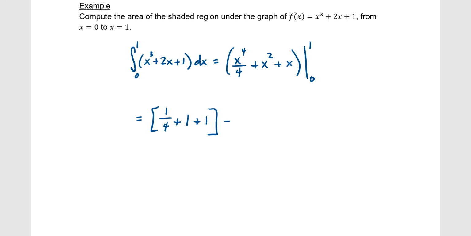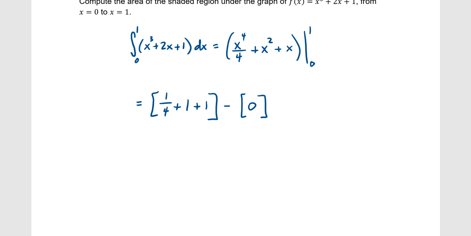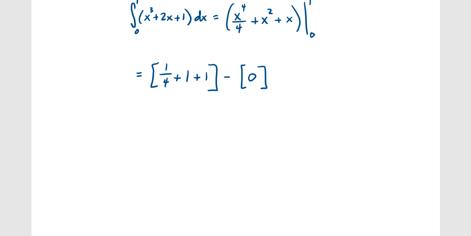So what I like to do is, when you're plugging in 0, I like to take a look at what we're plugging into. If we plug in 0 here, every single thing is going to be 0, right? 0 over 4 plus 0 plus 0. So instead of writing that down, just recognize that and just put -0, and then you don't have to do anything else. So we end up getting 1/4 plus 1 plus 1.